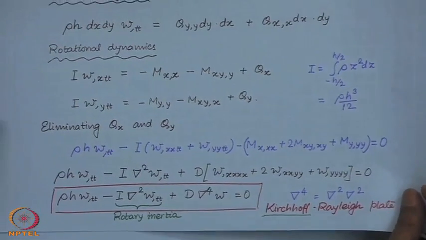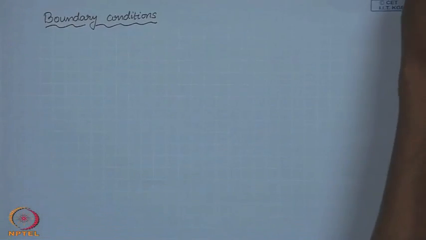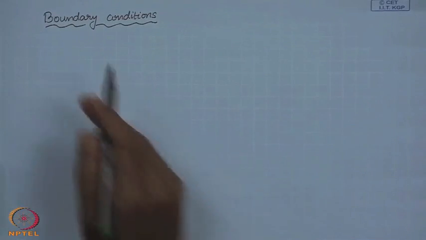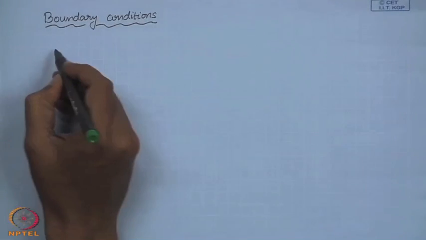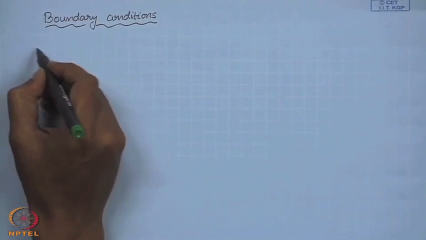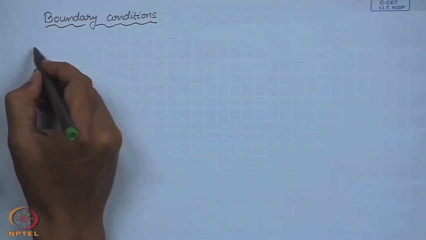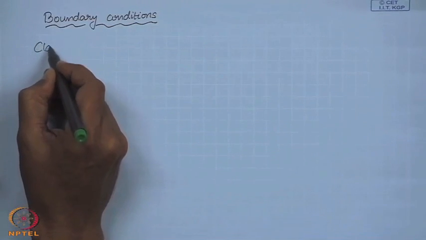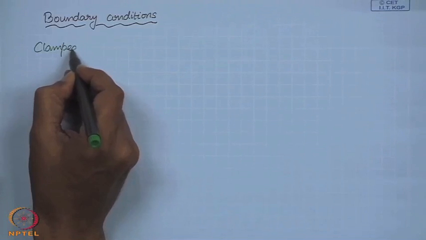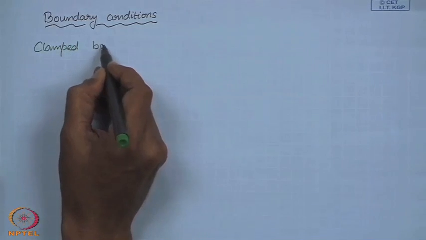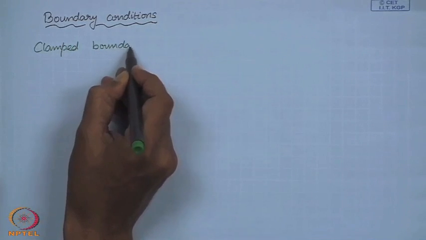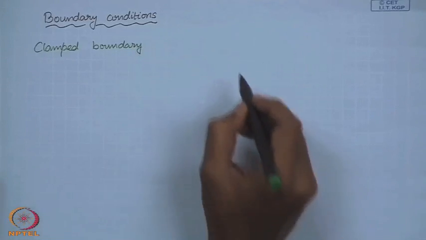So, now we discuss the boundary conditions. We can have various kinds of boundaries. Suppose let us consider a clamped boundary.